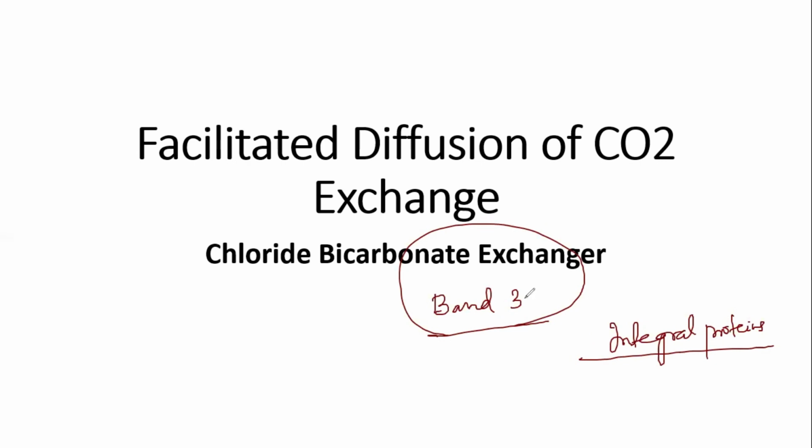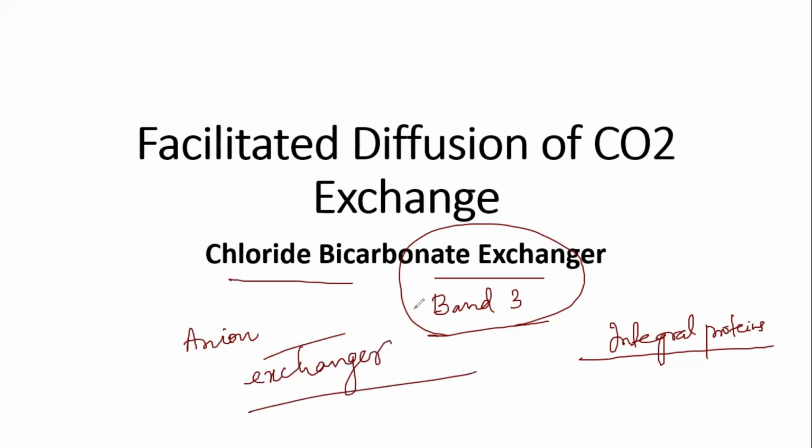This band 3 is also known as chloride bicarbonate exchanger, or anion exchanger. These are just synonyms of the same protein, so don't get confused, because band 3 has many other functions also. Here, we'll see how exactly band 3 acts as a chloride bicarbonate exchanger.